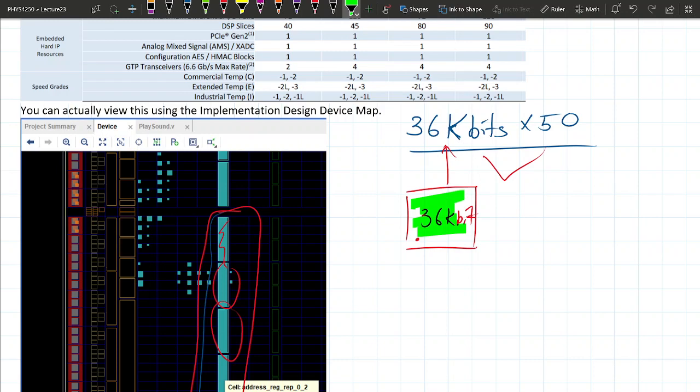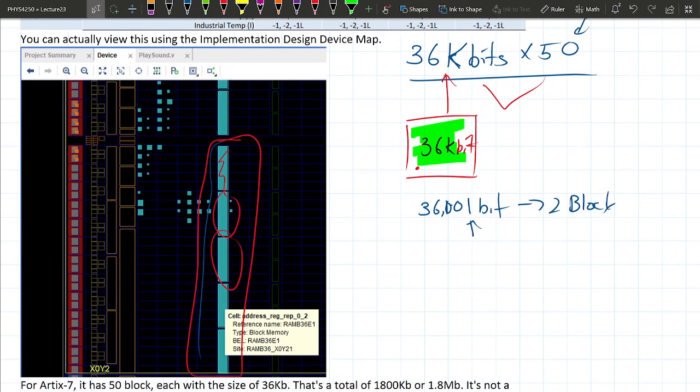So if you're loading 36,001 bits of information, this is going to take 2 blocks, because of this one extra bit, and so on like that. But since we have 50 of them, we don't really care. And in the homework, you can calculate how much information you can actually store.